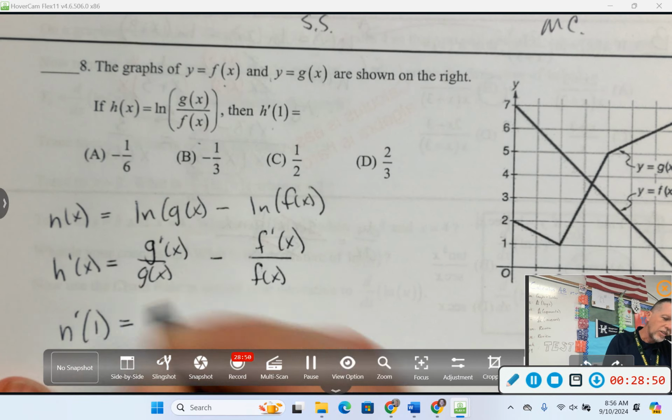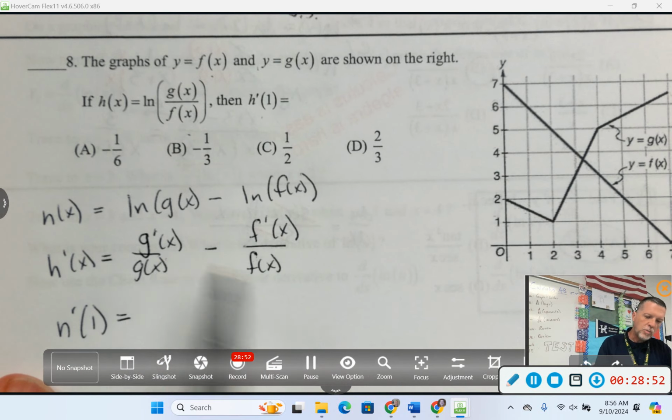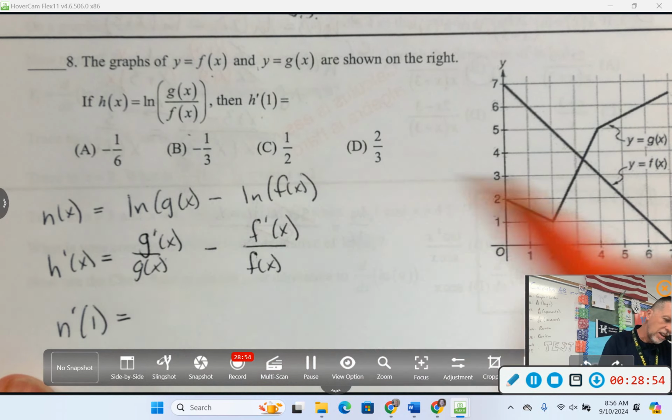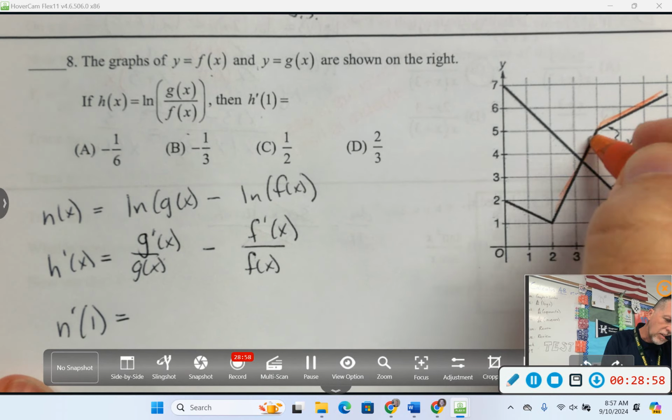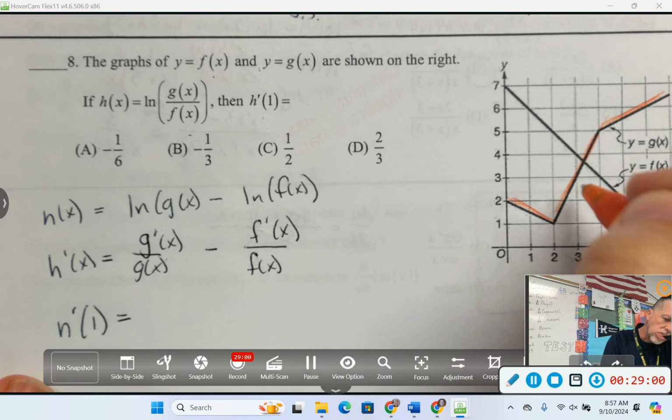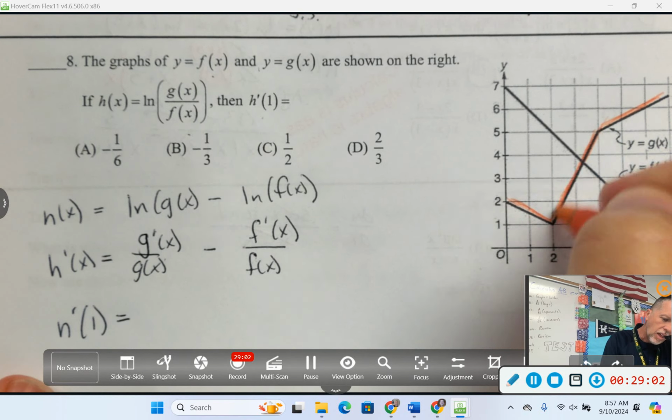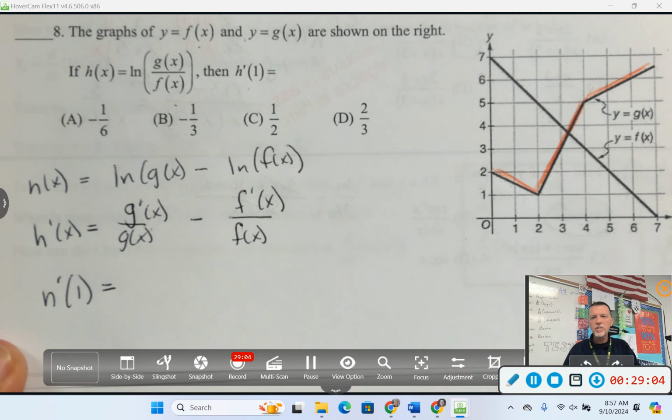Let's see if we can do this on the fly here. G prime at 1. Okay, G is this one. So what's G prime at 1?